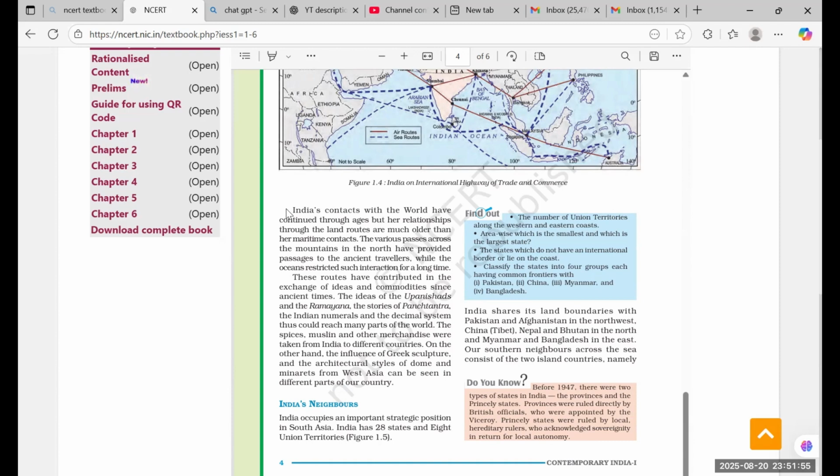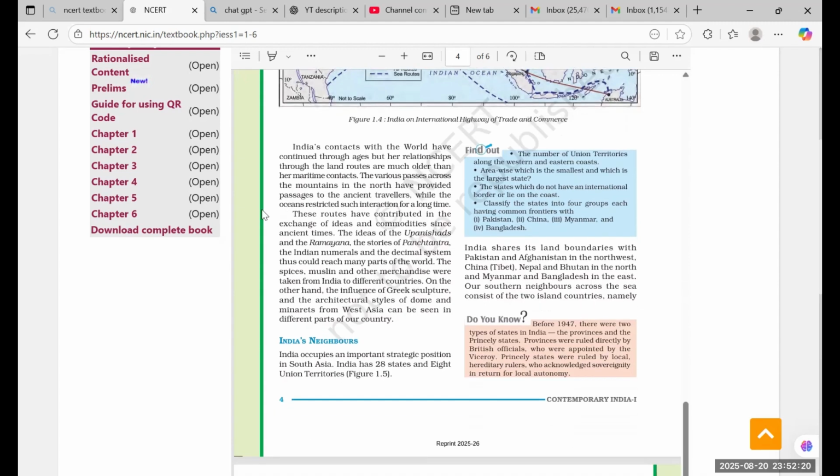And how can we forget that Indian numerals, the decimal system, also reached the rest of the world. And not forgetting the spices and the muslin, which went from India to the rest of the world and became very popular.